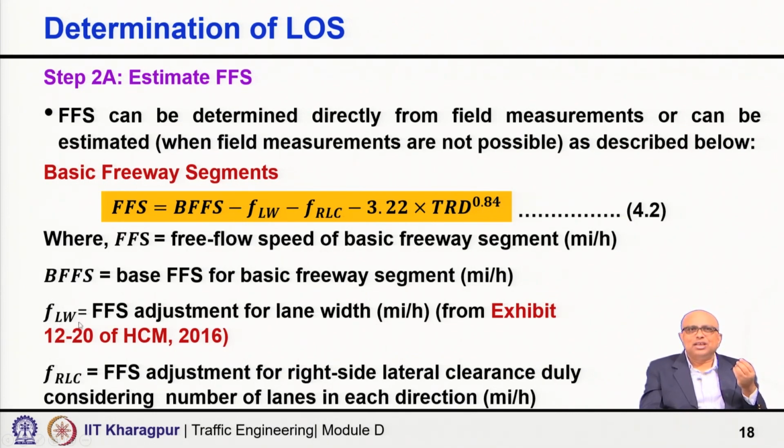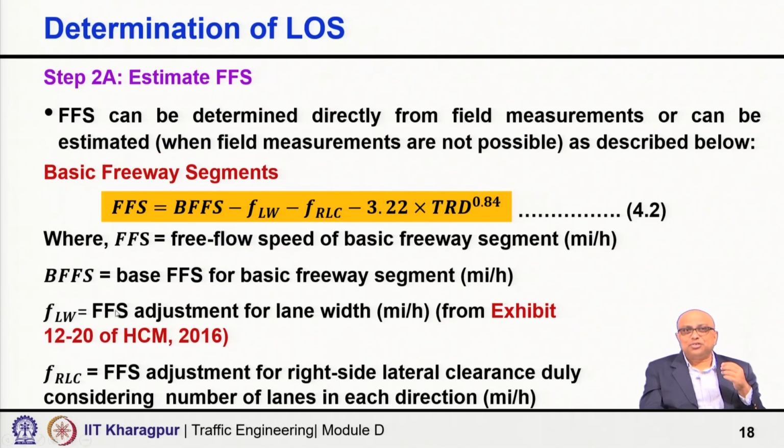FLW is what? The necessary adjustment for lane width, whatever is the actual lane width assumed under base condition. If the road under investigation, which is being analyzed now, has per lane width lesser than that, then appropriate adjustment is to be done in the FFS value.